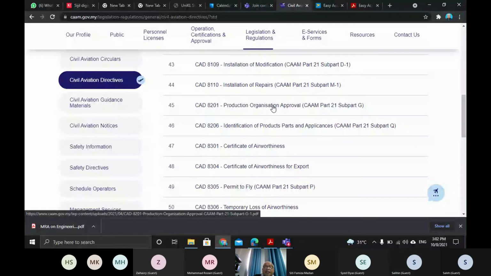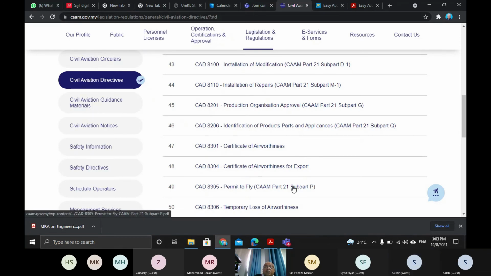When you have the POA and you want to fly the aircraft, you must have COA, 8301. But if you are exporting the aircraft to another country or receiving an aircraft from another country, you must be talking about 8304.